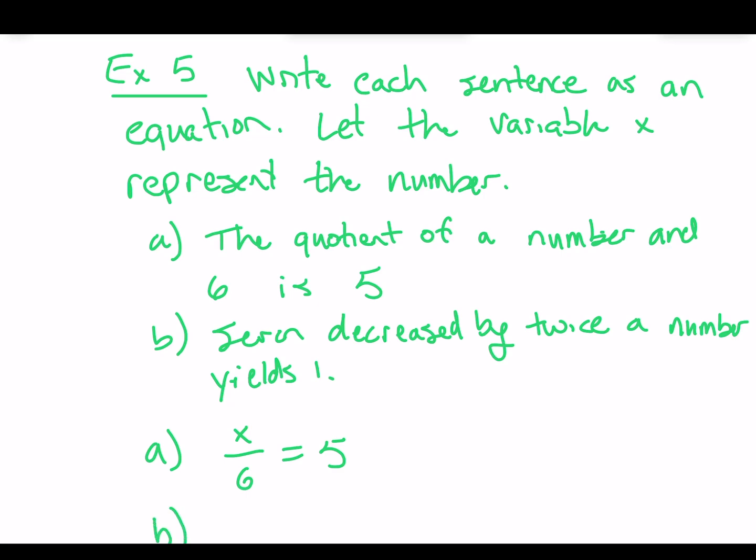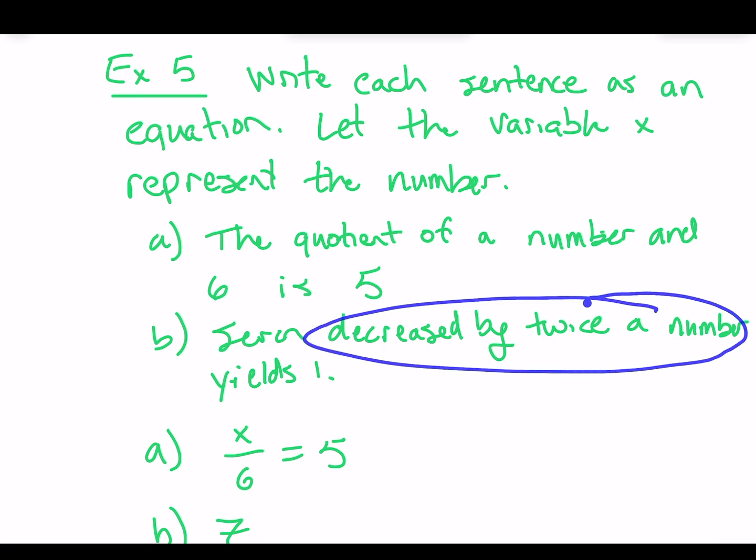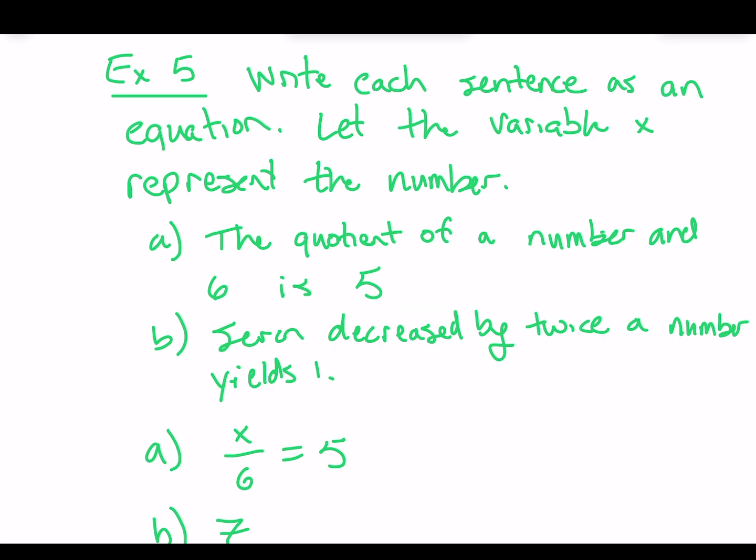Okay, our next part B, we have 7. We start with 7. And then we decrease by twice the number. So we take twice a number away, so 2 times x yields 1. Remember, yield also represents equals, so yields 1. Okay, that's example 5.